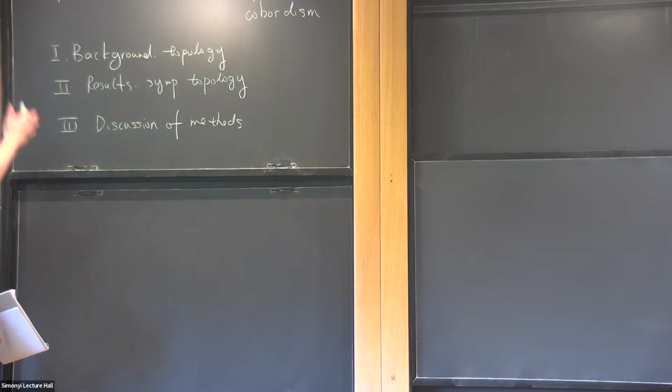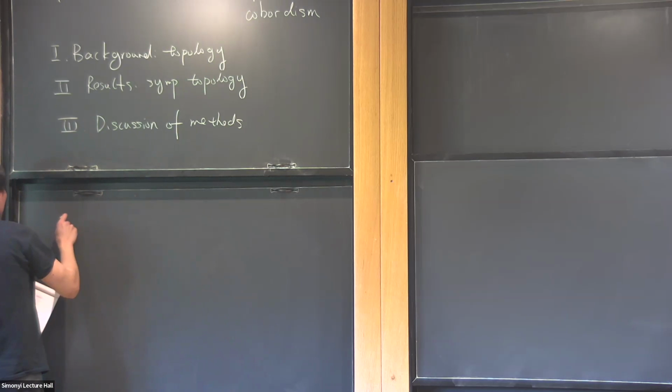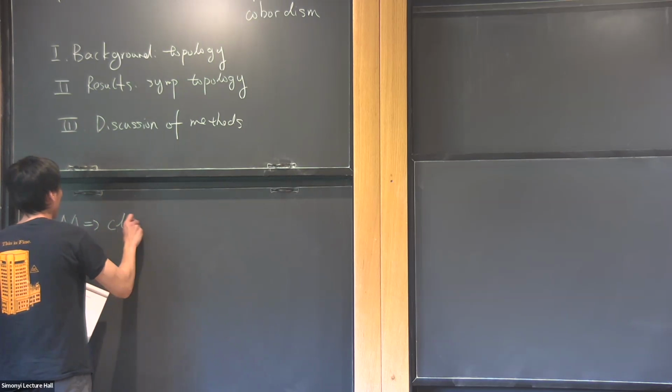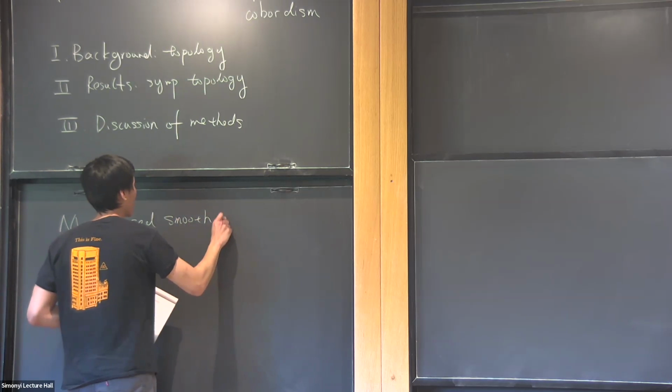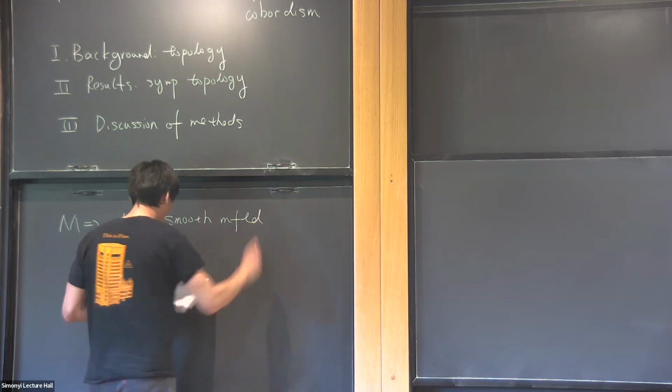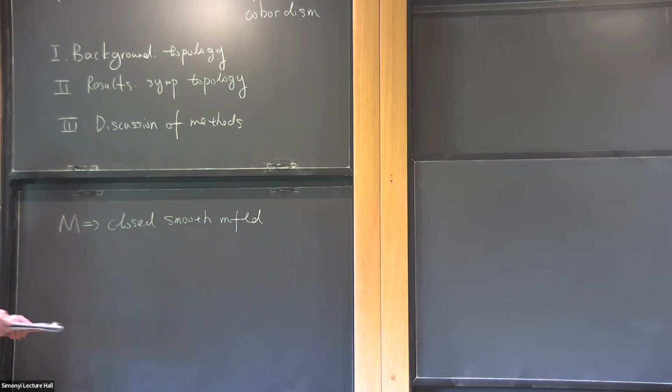So we have 2 objects to consider in this talk, Gromov-Witten invariants and complex cobordism. So I start with the second one. Suppose we have a closed smooth manifold. So what is a stable complex structure?